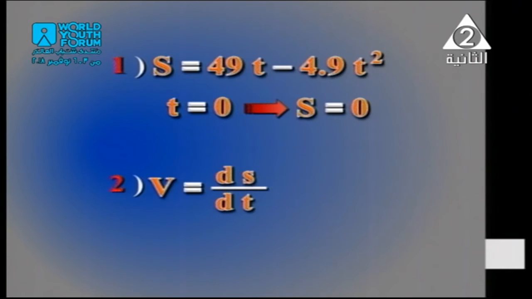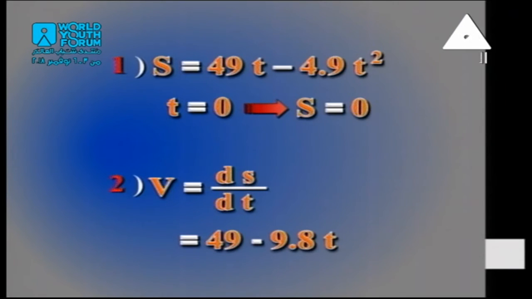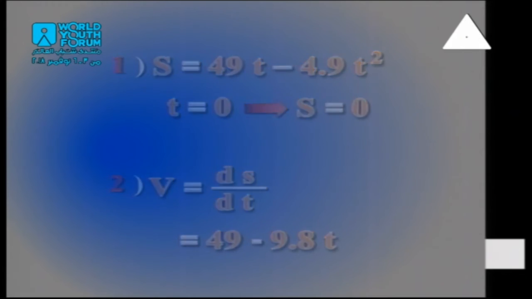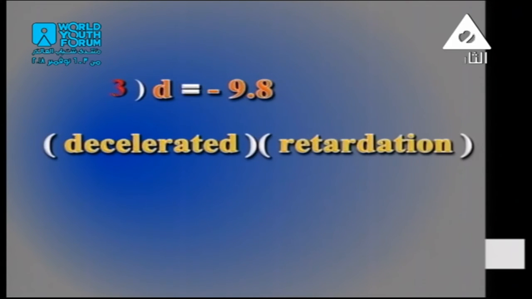Velocity is the differentiation of distance with respect to time t. Therefore, velocity equals ds over dt. What is the differentiation of S? It is 49 minus 9.8t. This is the velocity. Therefore, the acceleration equals negative 9.8. This is deceleration, or retardation. VA in this case is smaller than 0, then the motion is decelerated.